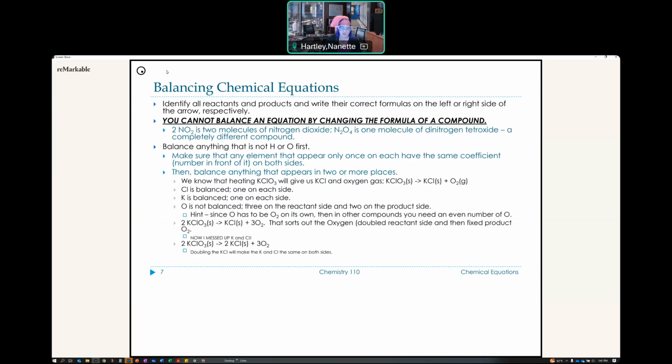So if my formula should be NO2, then I can't turn it into N2O4. So I can't change the subscripts. That is unacceptable. We have things that need to appear the way that they're written based on the reaction that I'm doing. I can't change those subscripts. So that is not an acceptable way to fix our balancing.